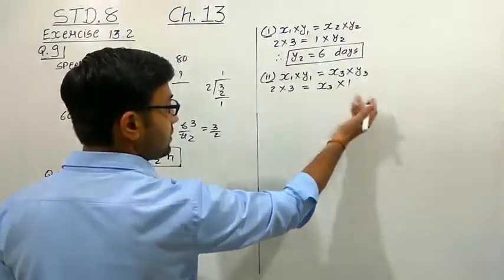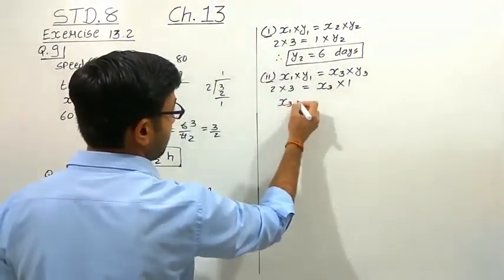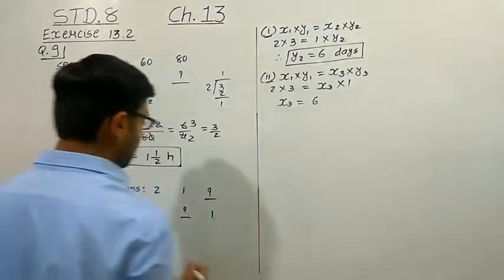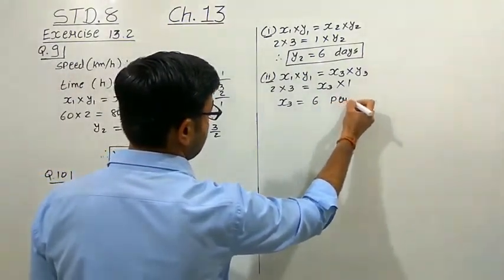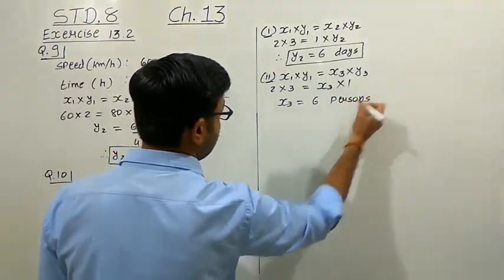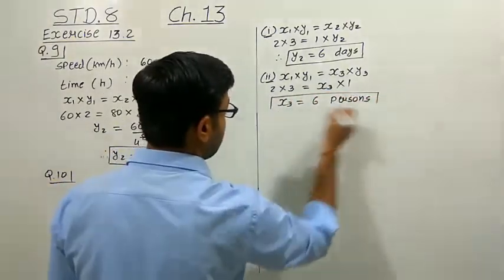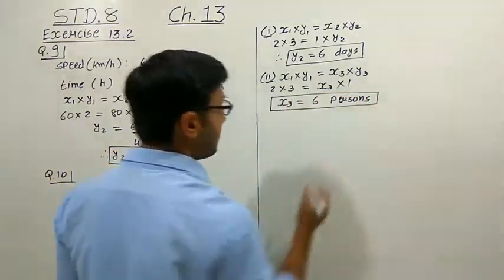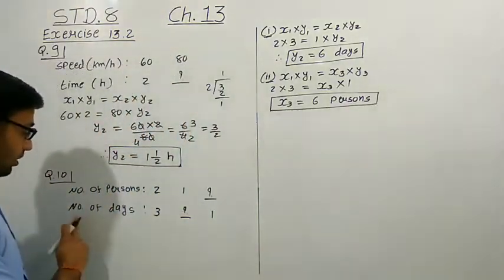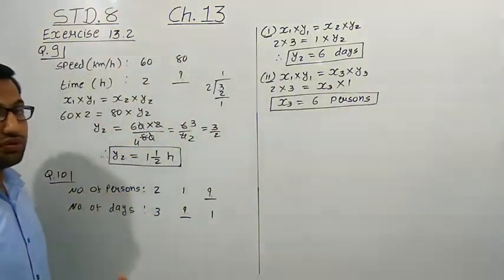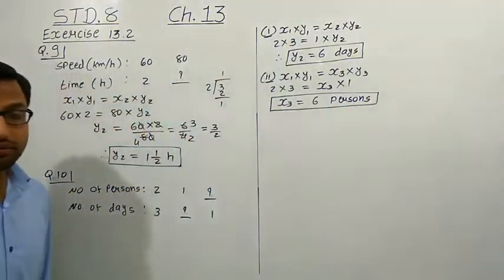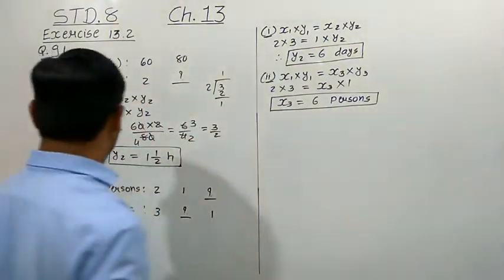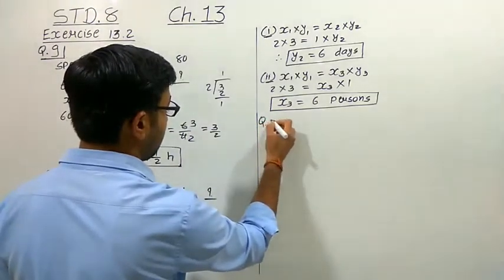So x3 into 1 is obviously x3, and 3 2s are 6. So x3 is 6 persons. The meaning is that if we want to complete the work in one day, then 6 persons are required. So this is how we can solve question number 10.